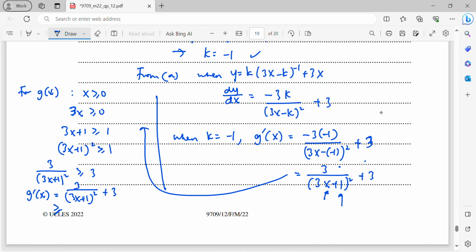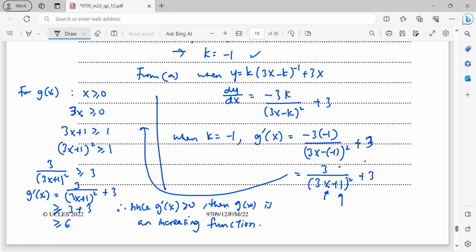Definitely this is at least 3 plus 3, which means at least 6. So I will write, since g prime x is greater than 0, then g x is an increasing function, because my gradient is at least 6. So that's the solution for this question.